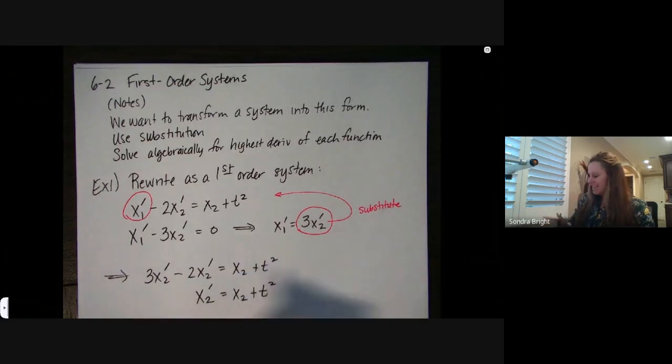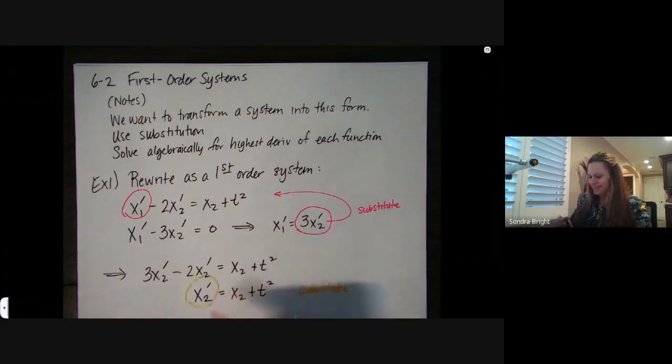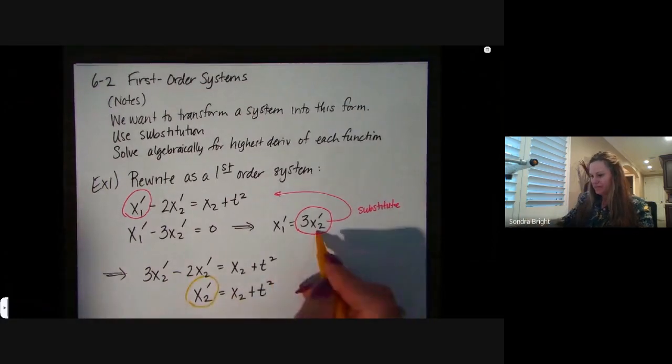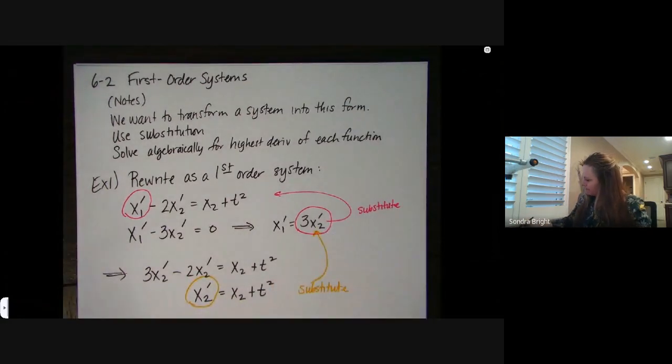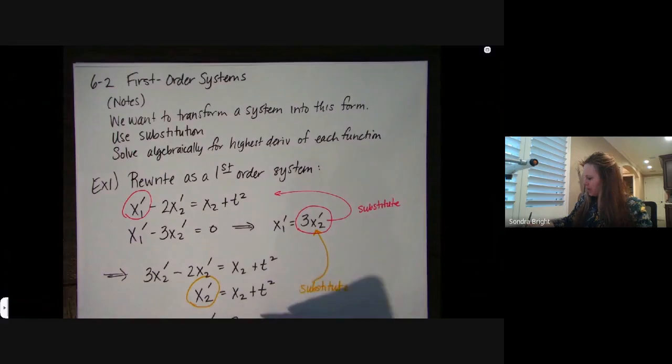And then I can substitute this into that one, maybe using a different color, so that you get x1 prime would equal 3x2 prime.